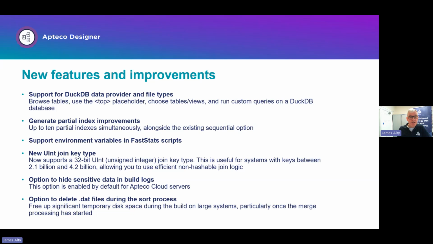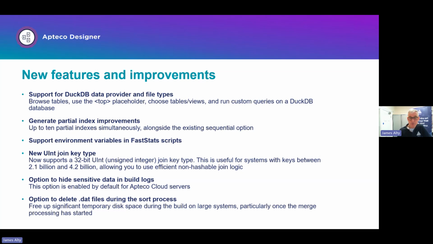We've now got the ability to generate up to 10 partial indexes simultaneously. So a partial index joins just particular tables, and the query engine will use that partial index if the query that is submitted only refers to those tables. It's a really nice optimization.